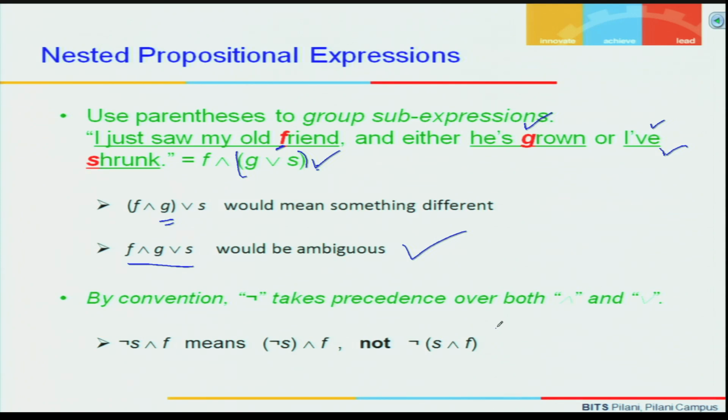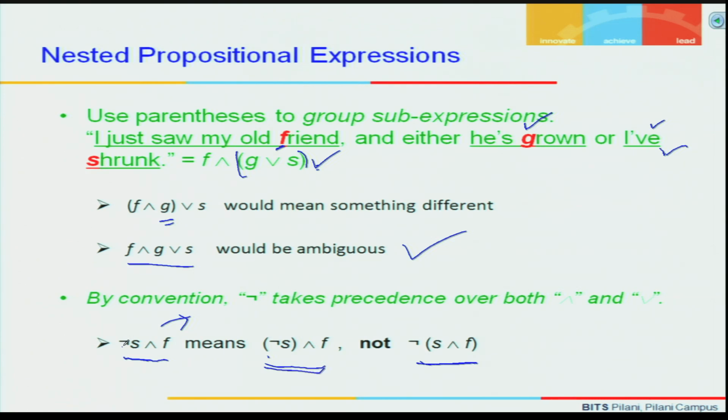What I mean is, if I have a compound statement like not S and F, even though you don't put brackets, if somebody comes to me and says not S and F, and I don't have any brackets, what I get to assume is that the bracket is here, not anywhere else. You are getting what I am saying?